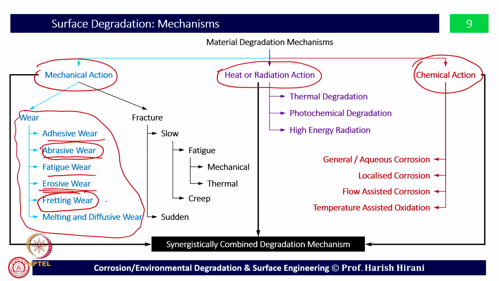That is why this is the kind of wear which is very fatal, and it does not give advance information, sudden failure happens, and as per my knowledge many bridge failures happen because of this fretting wear. Sometimes temperature increases significantly, and that causes diffusion also, and then melting and diffusive wear will occur. We will cover these topics one by one.